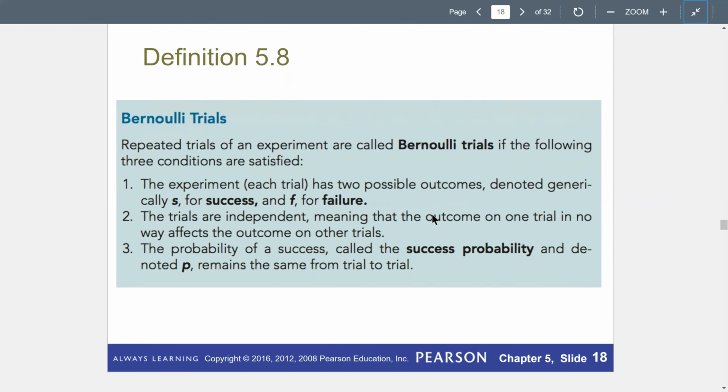The trials are independent, meaning the outcome of one trial in no way affects the outcome of another trial. For example, if you toss a coin and get 3 heads in a row, it won't increase or decrease the probability of getting a tail in the 4th toss, which is 50%.